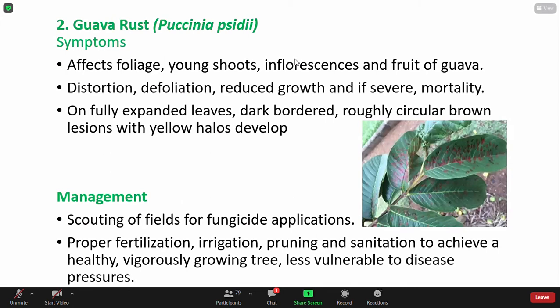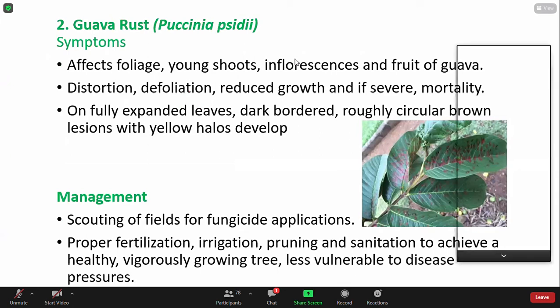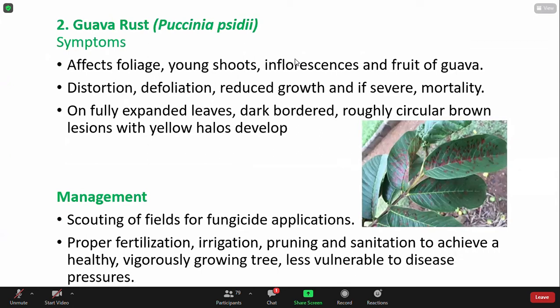Guava rust. Have you heard about the guava rust recently in Sri Lanka? This was a major disease during the past years in Sri Lanka. It affects the foliage, young shoot, and inflorescence and the fruit of guava.